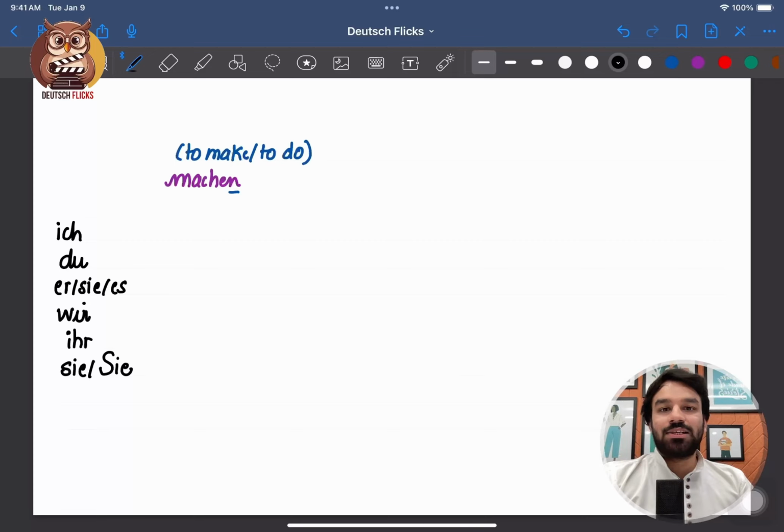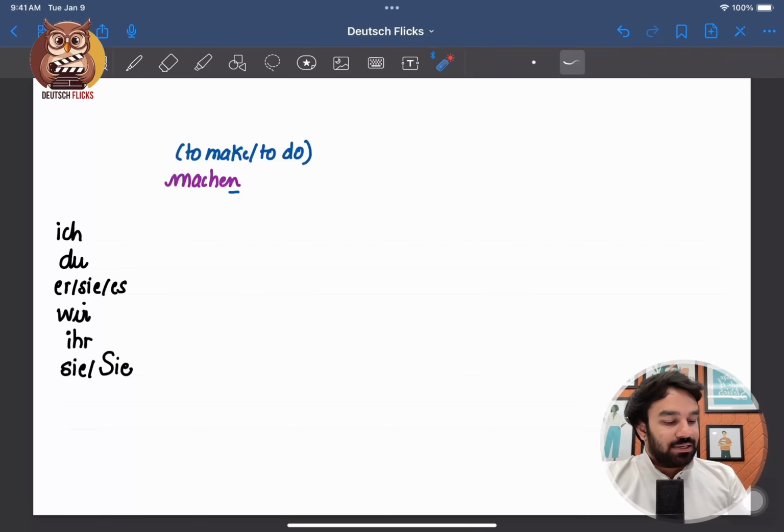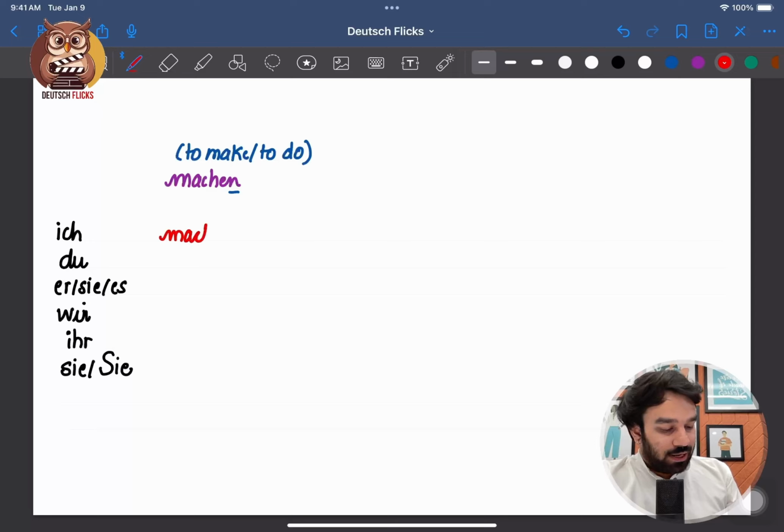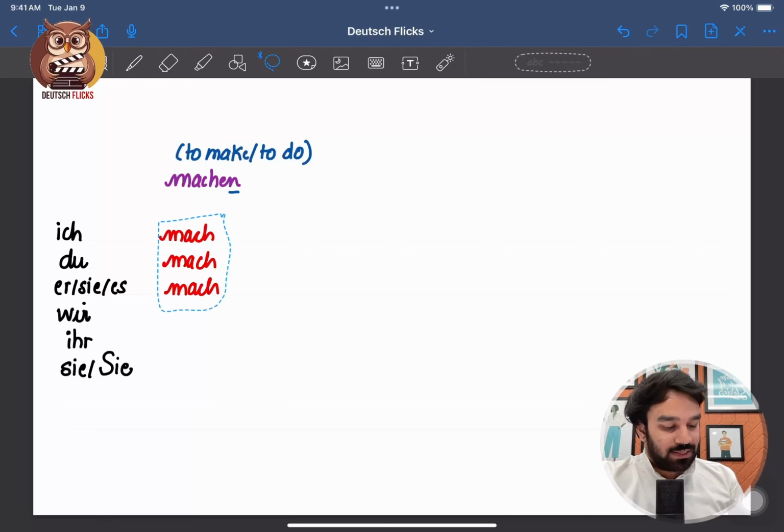Now what I'll do is I'll take the root. So in case of machen, mach will be the root. So I'll write the root vertically. So we have mach, mach, mach, and I'll just copy paste this.